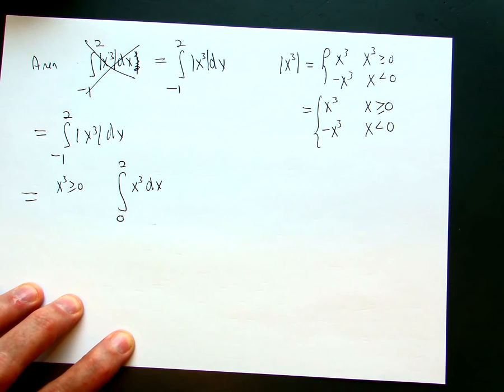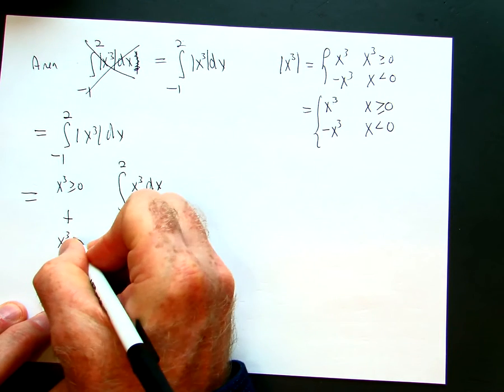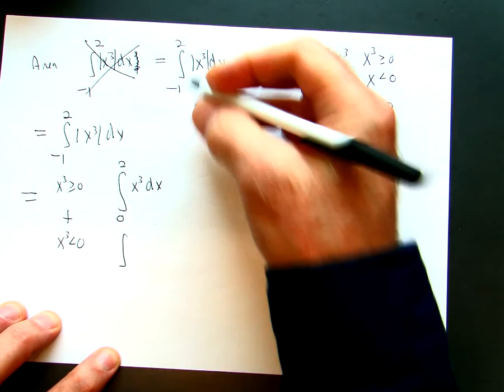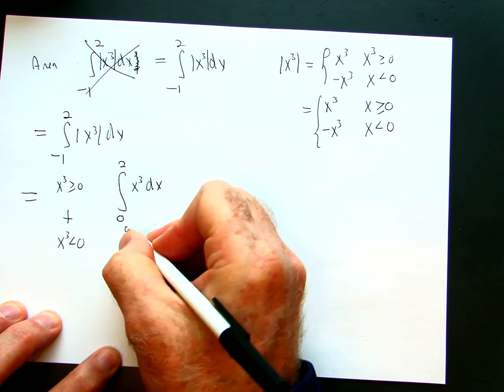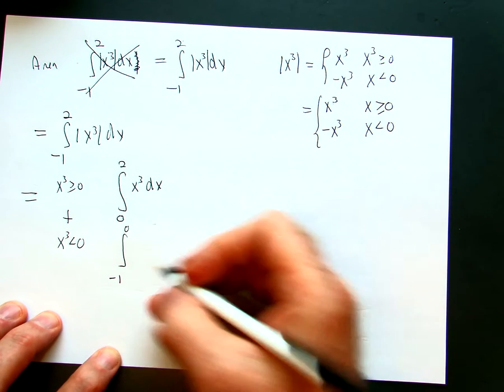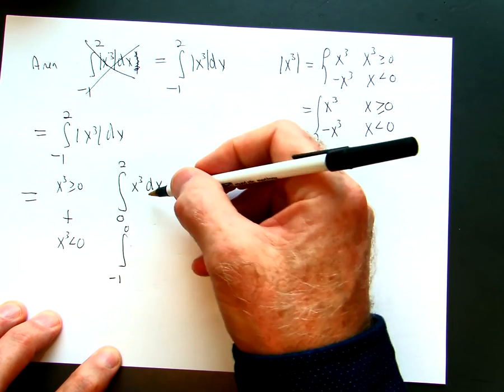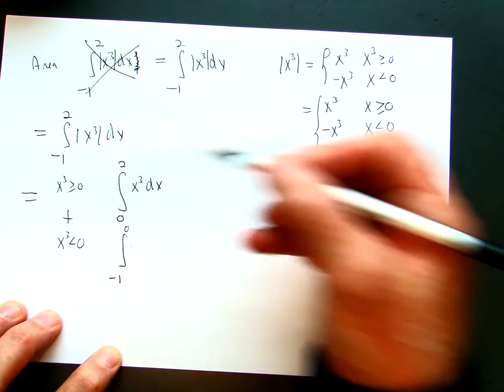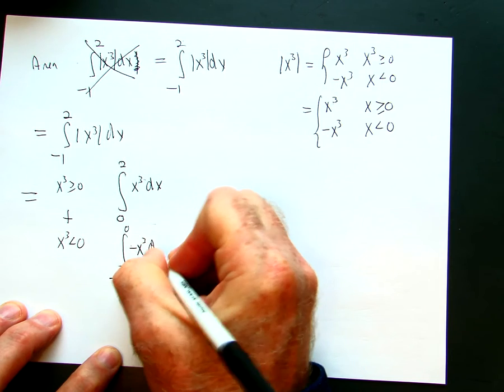That's where x is positive. And then plus where x cubed is less than 0 on this interval, -1 to 2, and that's going to be -1 to 0. And so for this interval, 0 to 2, it's equal to x cubed. For this interval over here, it's going to be minus x cubed dx.